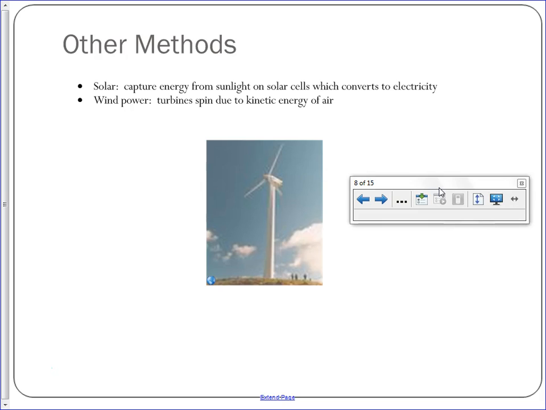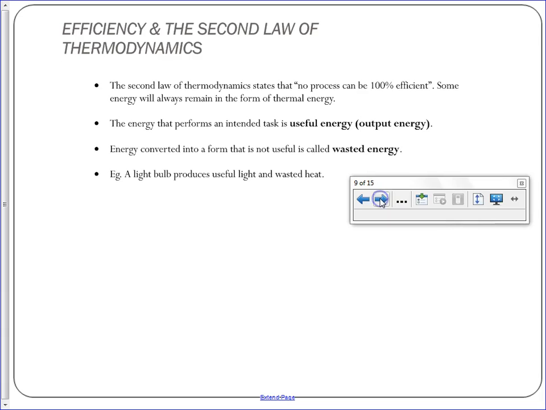In this picture here, the generator would be up there. As the blades spin, it's turning the axle on a generator, and what we end up seeing is electricity being produced and run off somewhere else. Okay, so again, two other options for alternative energy sources. Again, both have different faults of their own.